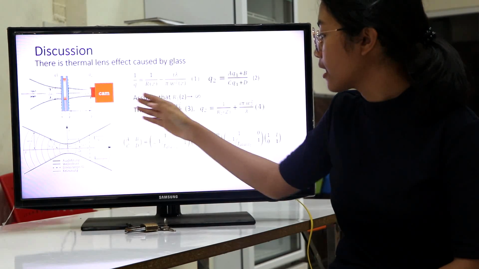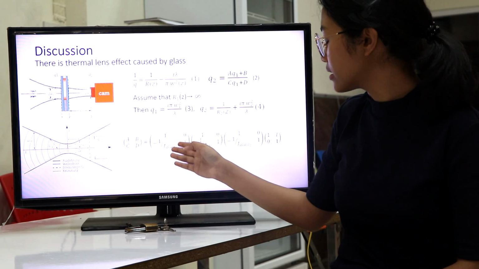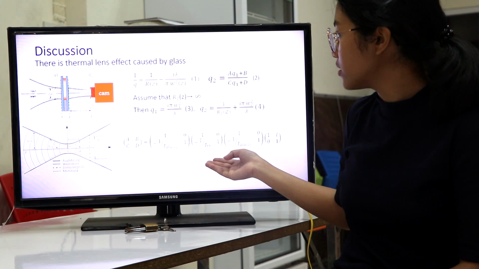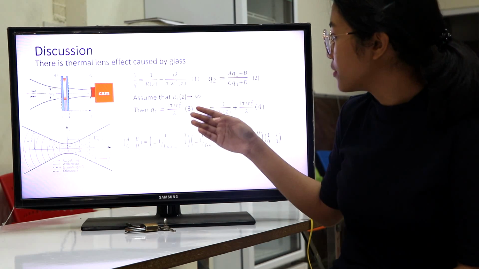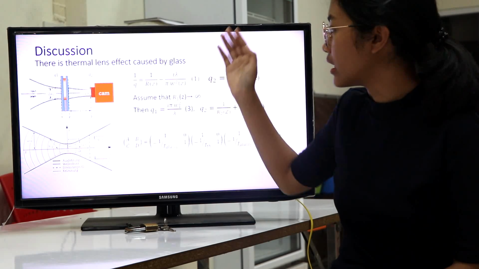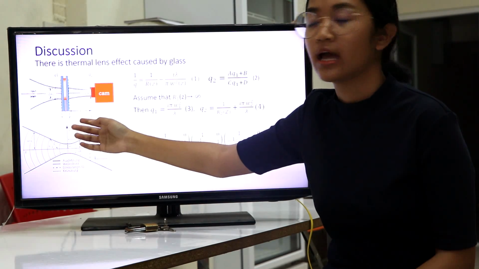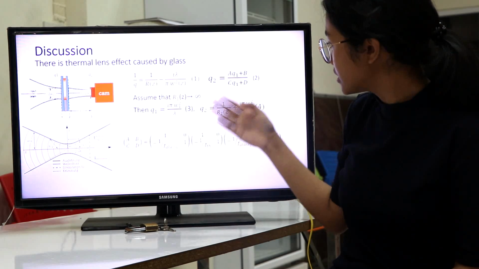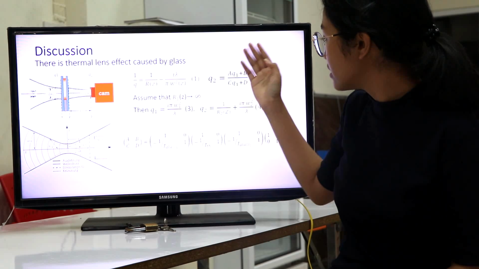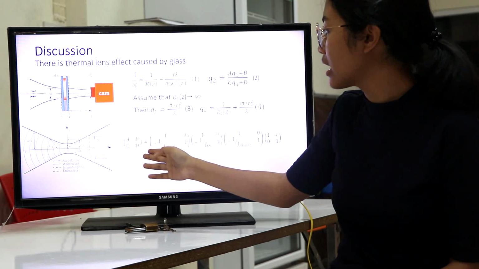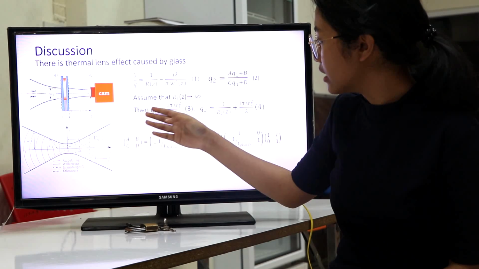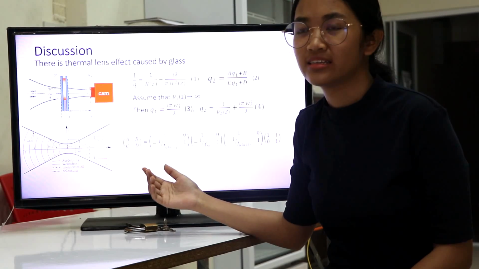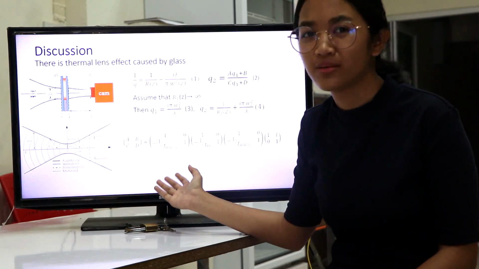In this matrix, it includes the focal length of the glass and the focal length of the thermal lens, and then we will analyze from the W2 that we can detect from the camera too. So using the relation of the Q parameter and the matrix can give us the focal length of the thermal lens.